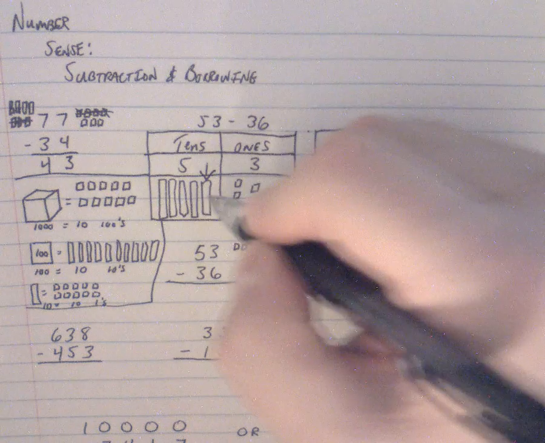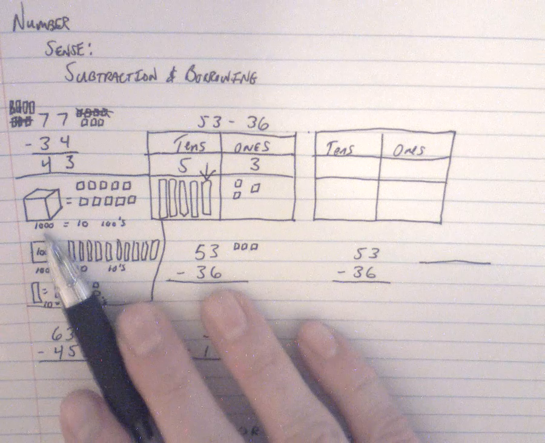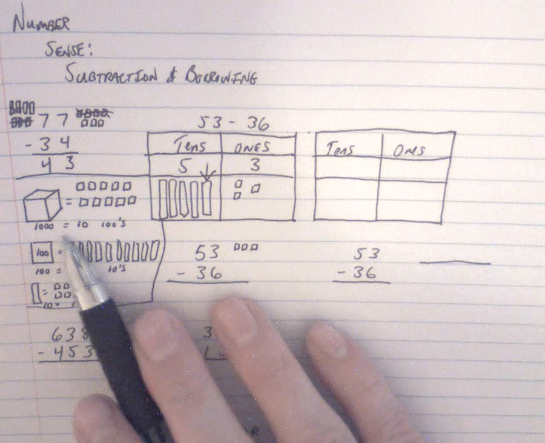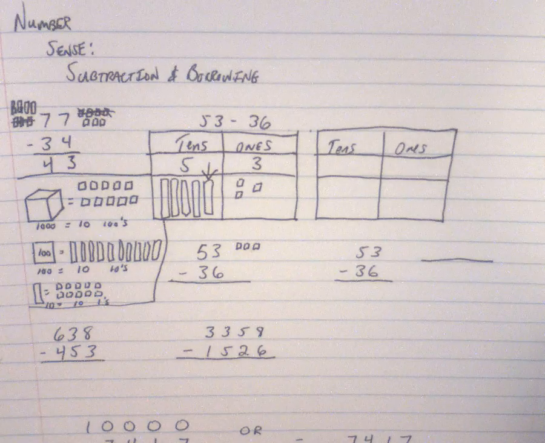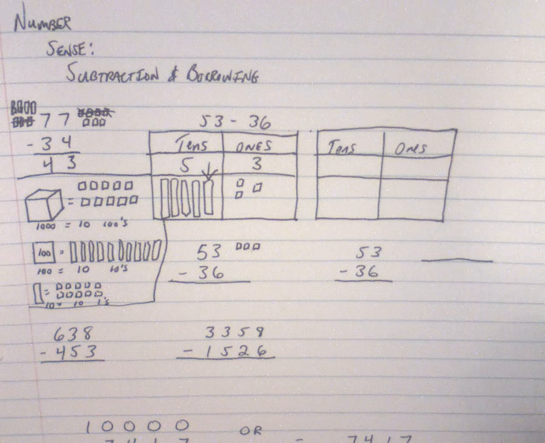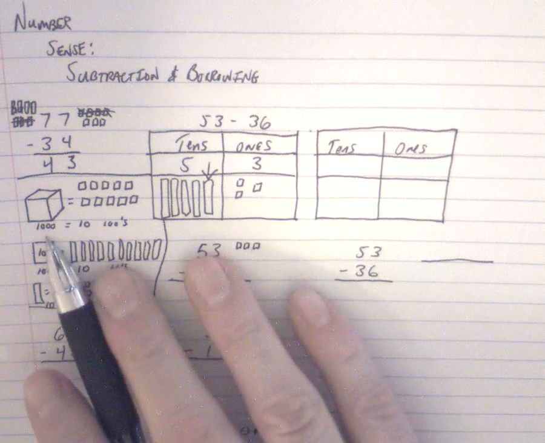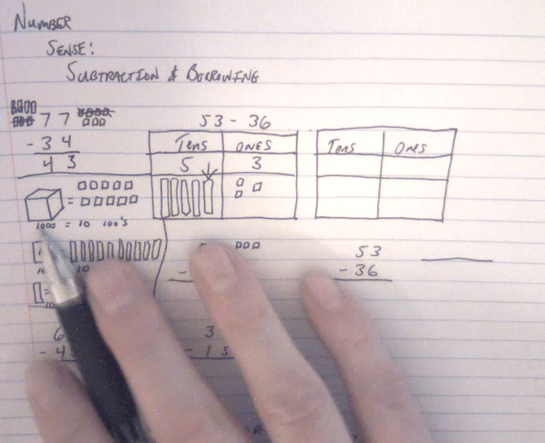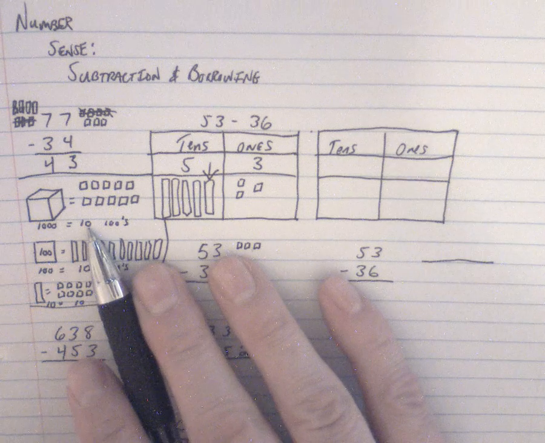And if you look at my nice little diagram here, a cube, which is 1,000, equals 10 of the hundreds blocks. When you borrow from 1,000, you borrow 1. Every time, what you're borrowing is 10. If I take a cube away from the 1,000, I end up with 10 hundreds blocks.